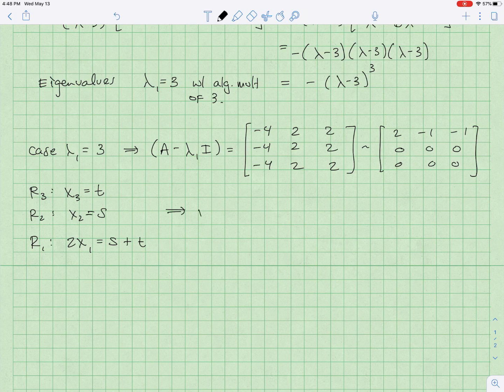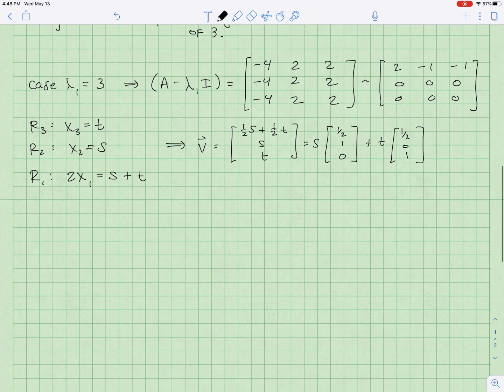So the vector v that we're looking for here is 1/2 s plus 1/2 t, s and t, which if we decompose this and we factor out s, we're going to have s times 1/2, 1, 0 plus t times 1/2, 0, 1.